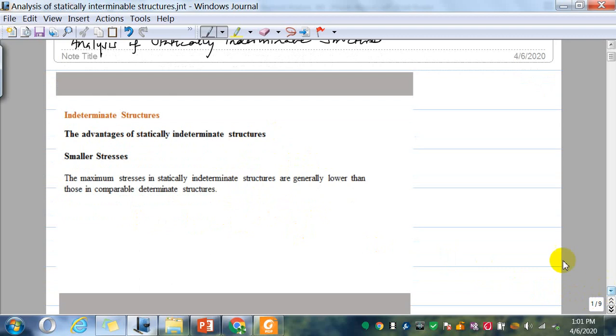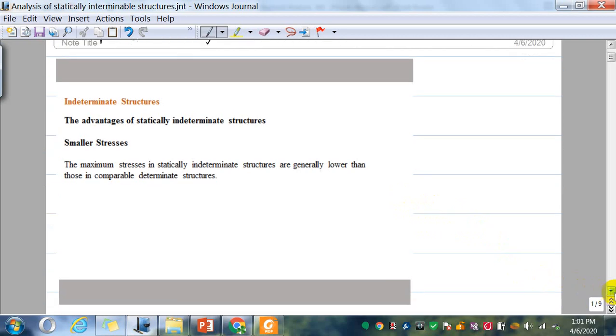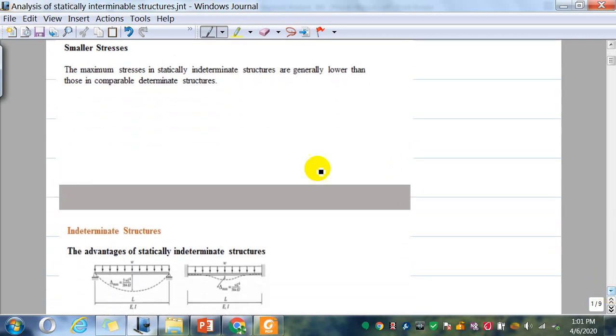Determinate structures have the bare minimum supports, which means that a failure of one of the supports could cause a collapse of the structure, and that is not preferred. So in real structures you have more supports than the required amount. Then those structures fall under a category called statically indeterminate structures.